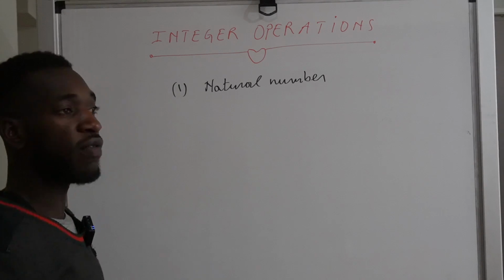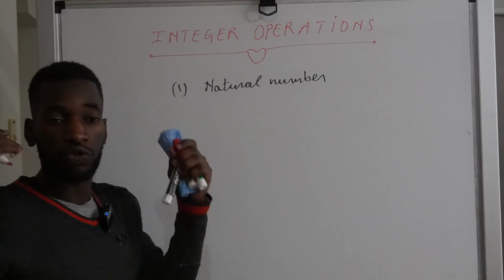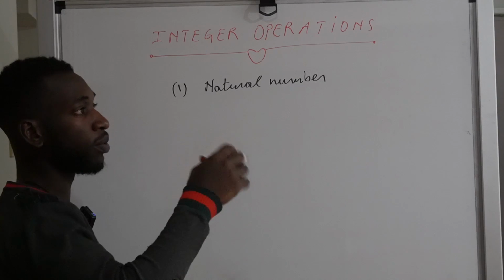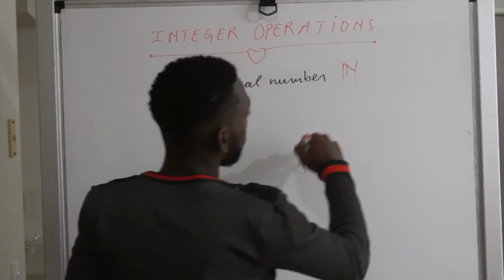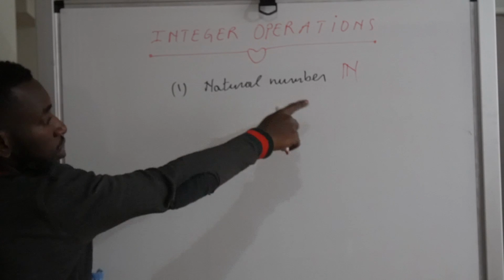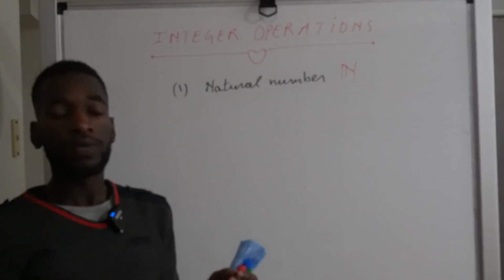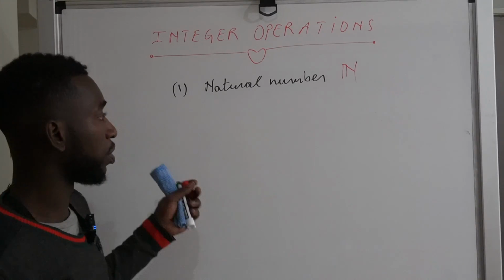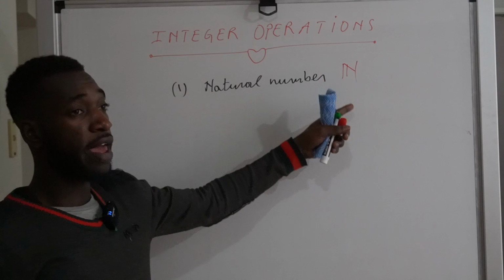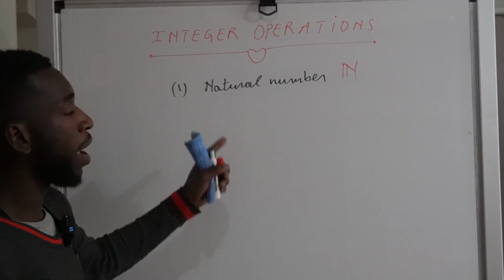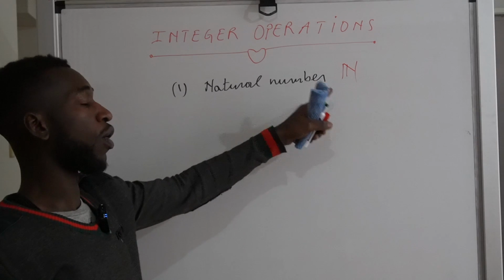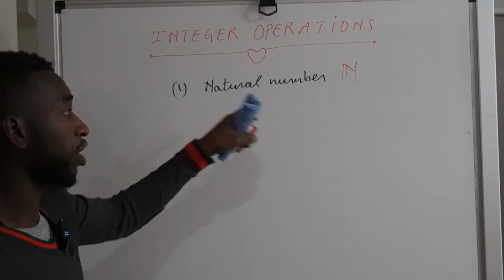Mathematicians have agreed on how to represent the natural numbers: we use the capital N. This is the set of all digit numbers, or any number that does not have a negative or minus sign, or a decimal point, or fractions. Those are not natural numbers.